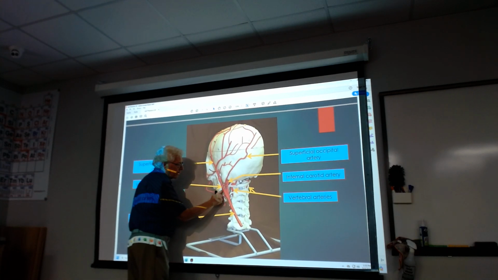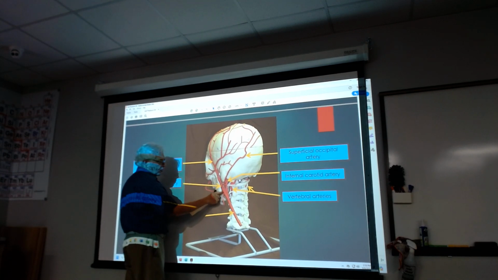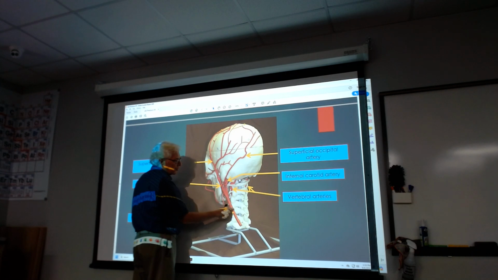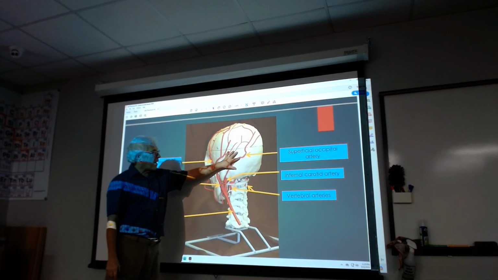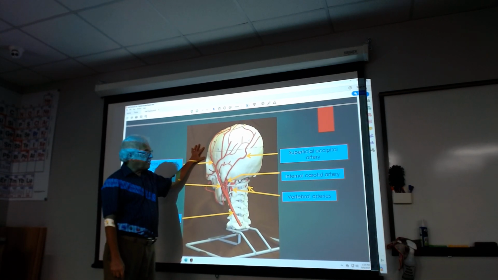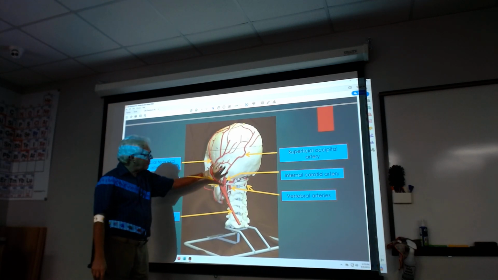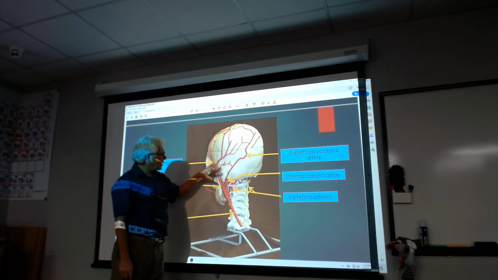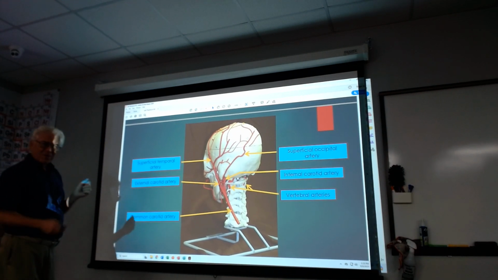The external one goes to the outside and feeds your skull. Then for internal and external, there's your vertebrals again. All right? And of course, if it's in the back of your head, occipital, side of your head, temporal. And I'm not going to be mean and ask you to name this one right there. No. It'll be just a main one in the back and a main one on the side. Okay? I know students are always asking, which one did I point at?